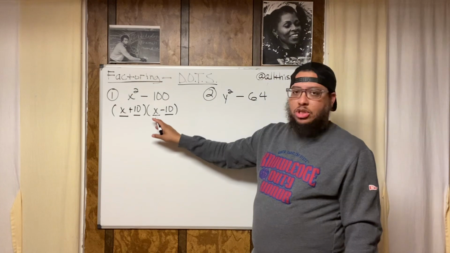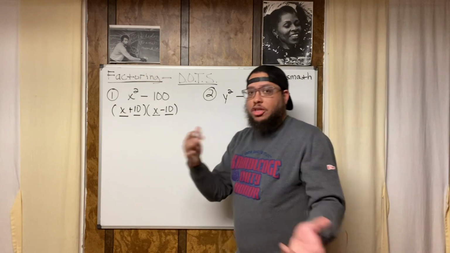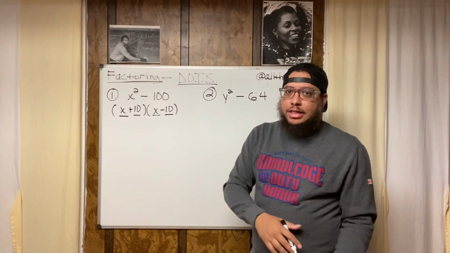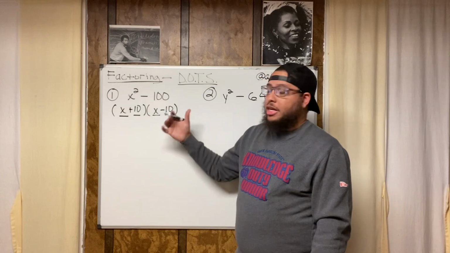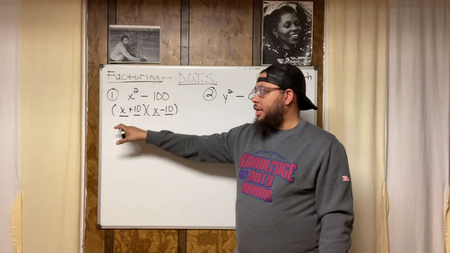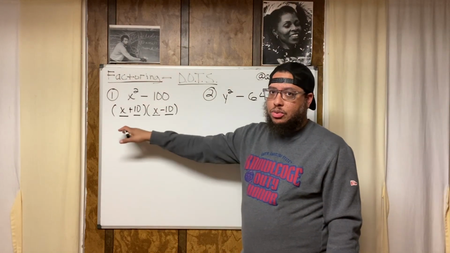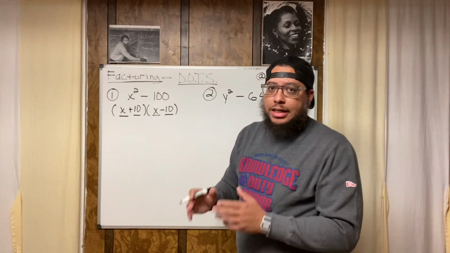But then over here, you got x squared minus 49. Then you got to say, oh, hold up. That's another difference of 2 squares. So I got to do the whole step again. And I got to break that binomial down. But then in my final answer, I still got to include the first binomial, right? So you're going to end up with 3 binomials in that situation. But you're going to see some examples like that. All right. But just keep that in mind, that you got to check to make sure that you're finished.